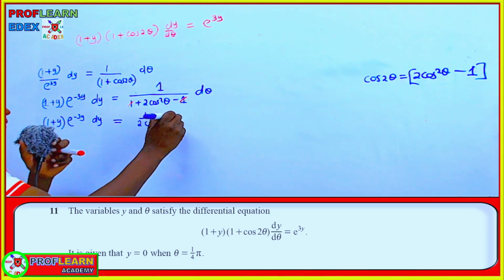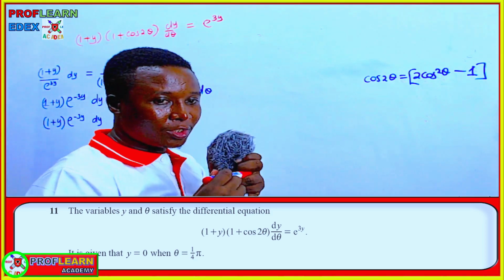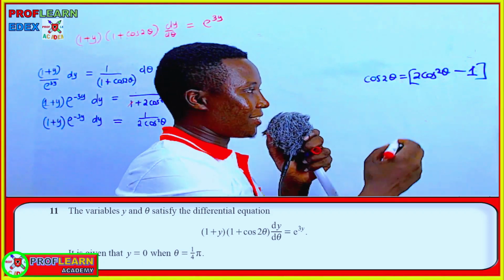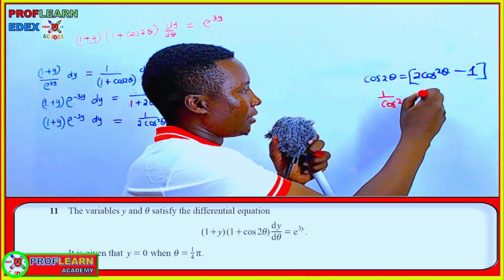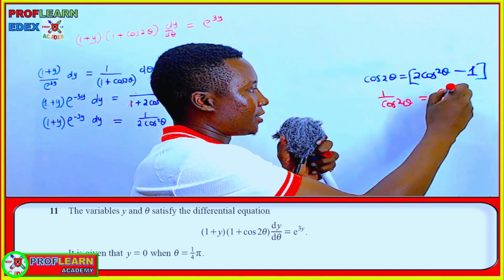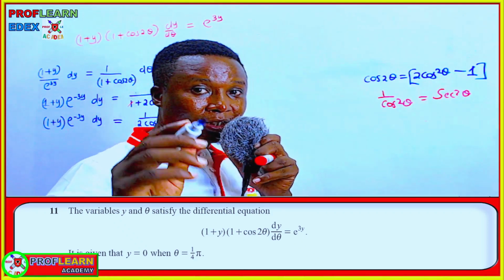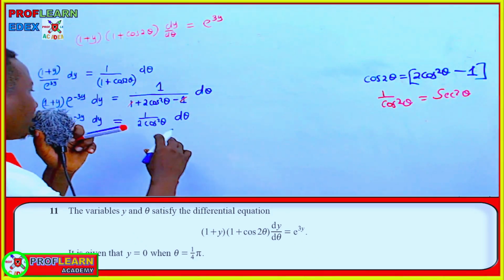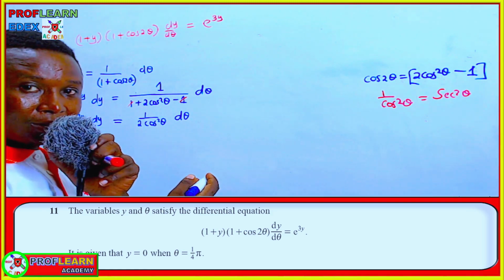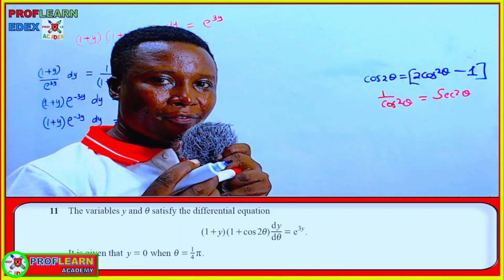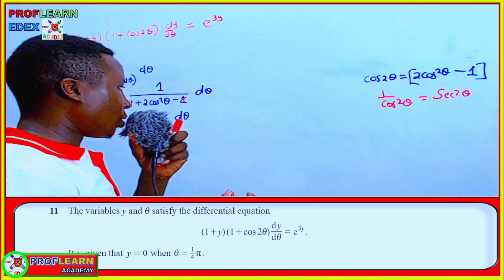square theta d theta. Something else that you need to remember also is that 1 over cos square theta is the same as sec square theta. And the reason why I'm doing this conversion is because we need to integrate this. But according to your MF19, we don't have the integral of 1 over cos square theta directly.